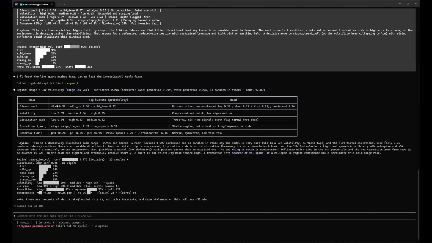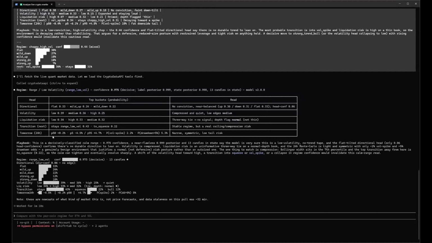The directional probabilities are slightly flat. The volatility is slightly low, which makes sense. The liquidation risk is slightly low also. And the transition from the current regime is 43% likely to stay in the same regime, and a 22% likelihood that it goes into a squeeze market.